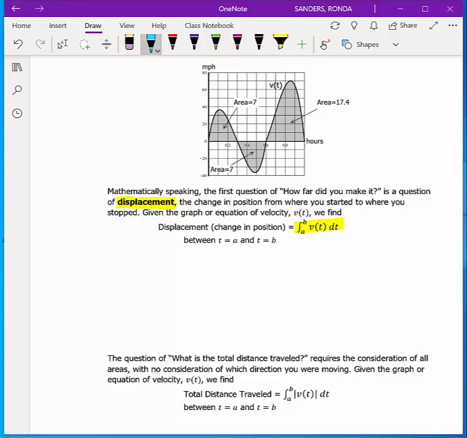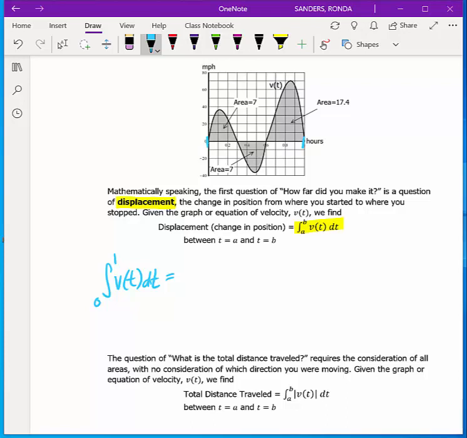For our school example, you'll notice that we start where time is 0 and we end where time is 1 hour. So to evaluate the displacement, we would find the integral between 0 and 1 of v of t dt. We know that evaluating the integral means taking the area above the x-axis minus the area below the x-axis.